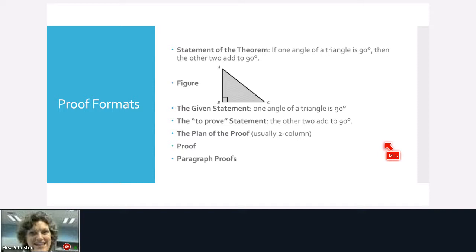It's based on a theorem or a postulate or a definition. Then if that's true, then this is also true, until you get down to the end, and your last statement is the to prove statement. Now, there are paragraph proofs, but basically you contain the same information. It just isn't set up in the two-column proof format.